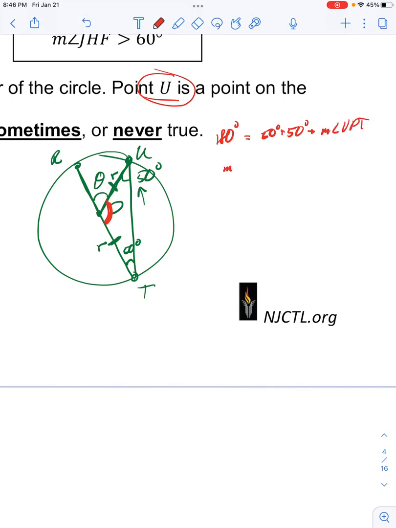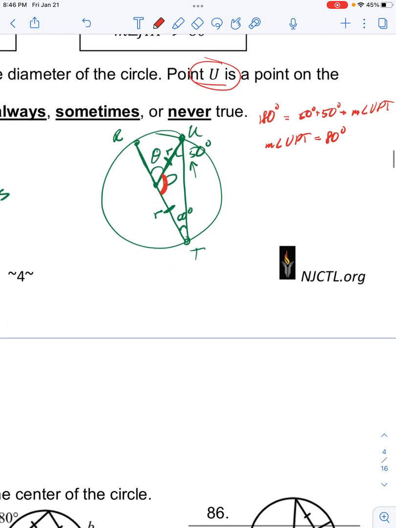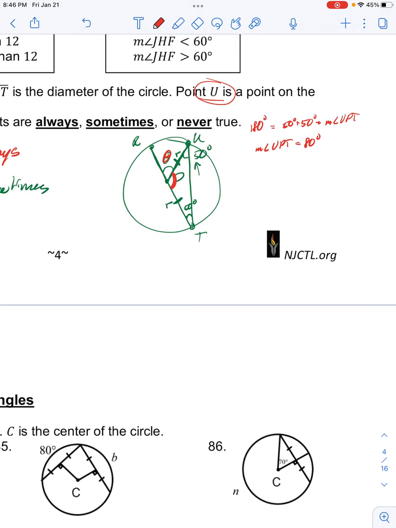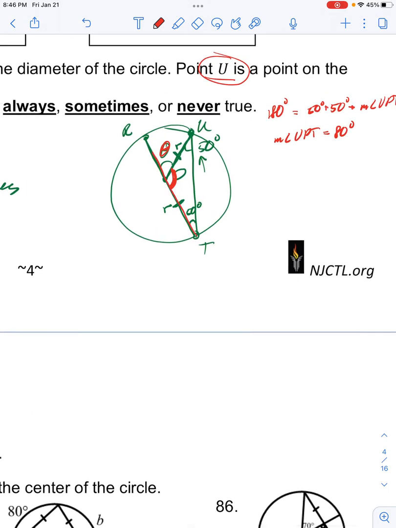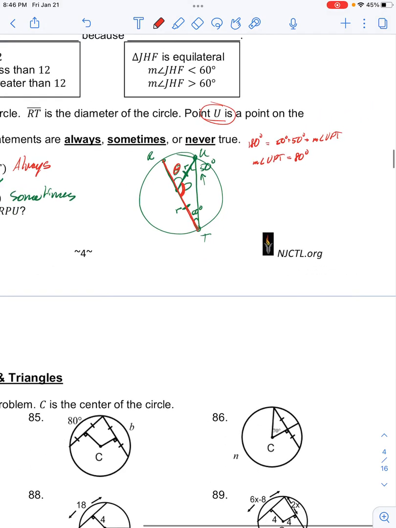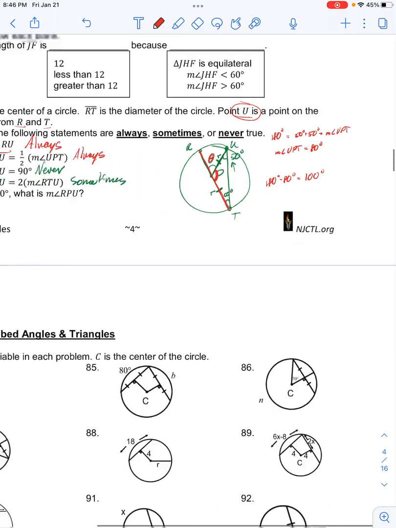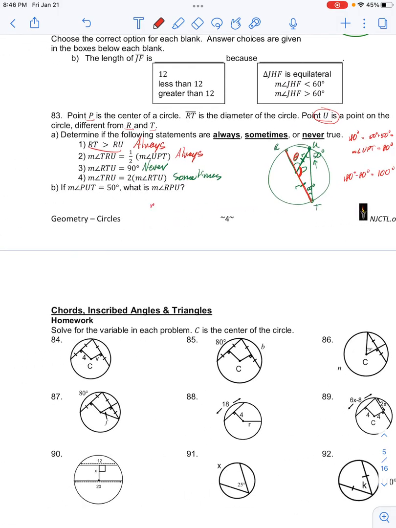That would be equal to 80 degrees, which means that the measure of theta, because it is a supplementary angle lying on a straight line, the diameter, would be 180 minus 80, which is 100 degrees. So the measure of RPU equals 100 degrees.